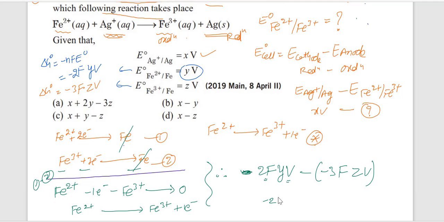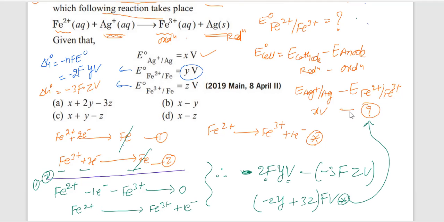So minus 2y, minus into minus, plus 3z, farad and volt we can take common. Now 2y minus z.